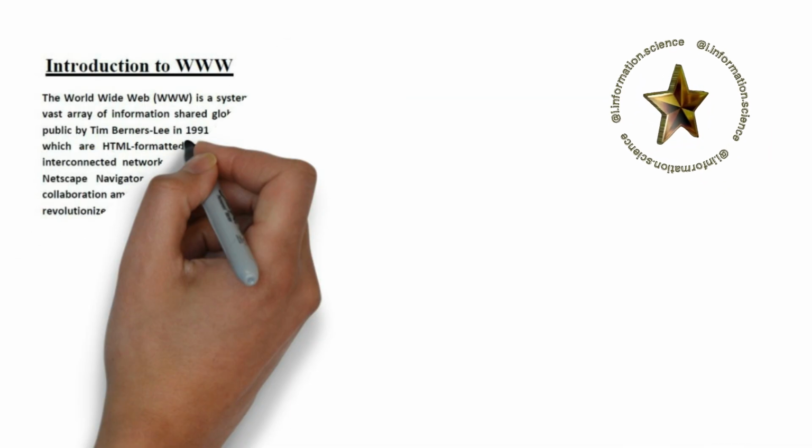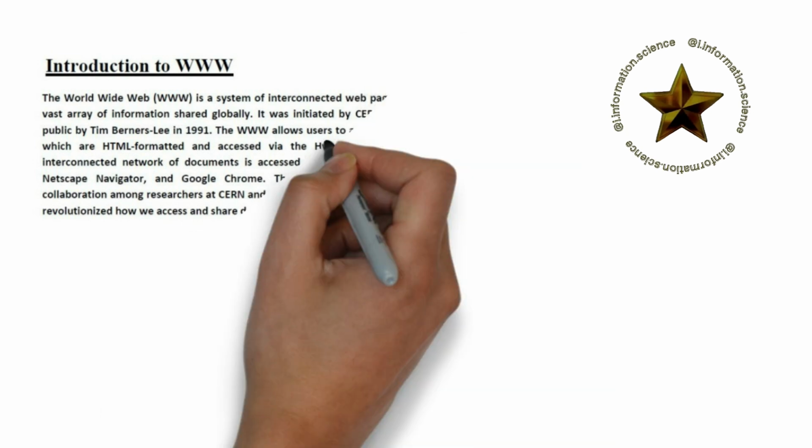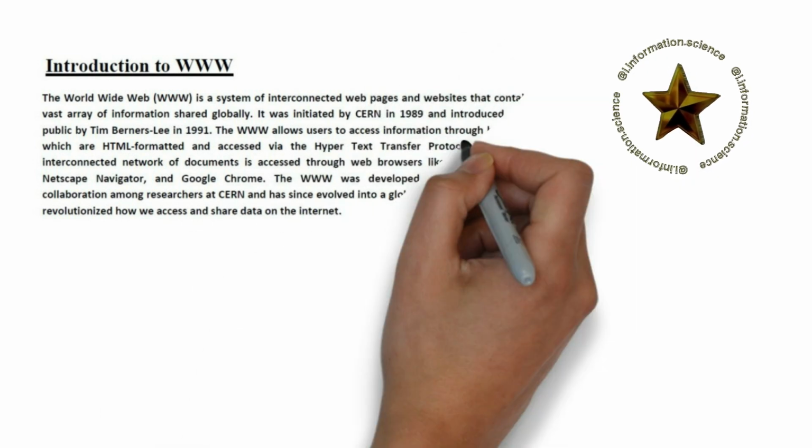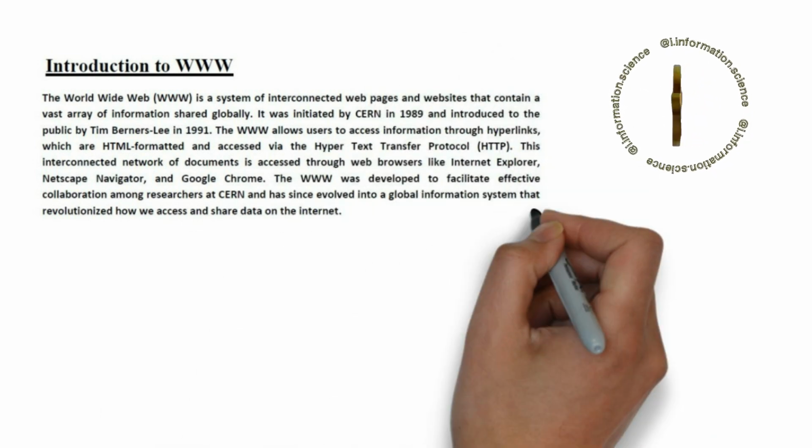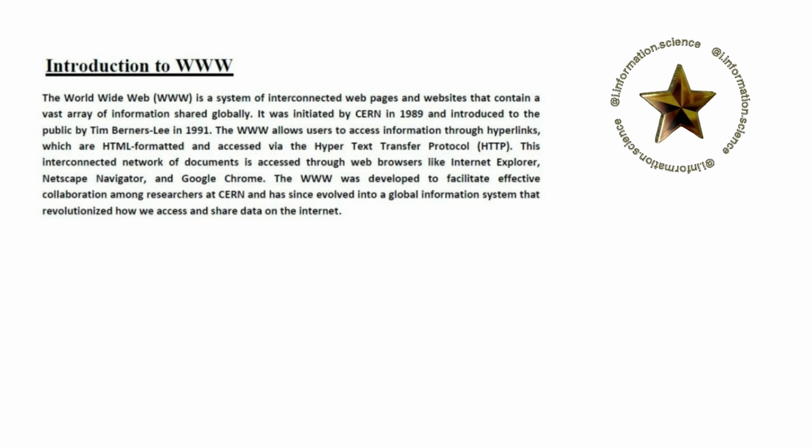Introduction to WWW. The World Wide Web, WWW, is a system of interconnected web pages and websites that contain a vast array of information shared globally. It was initiated by CERN in 1989 and introduced to the public by Tim Berners-Lee in 1991.